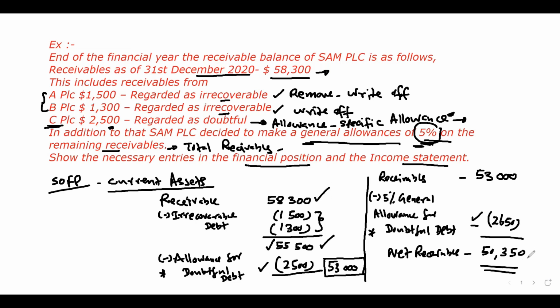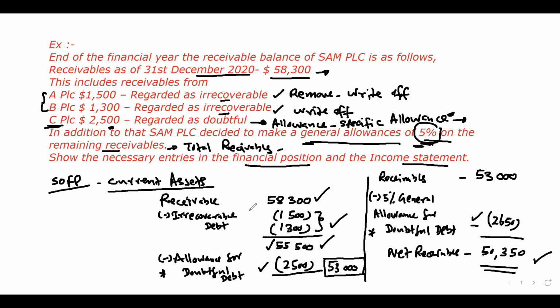However, after all these irrecoverable debts and allowances for doubtful debts, our net receivable should be 50,350, which means a certain amount we have written off, and a certain amount we made an allowance for doubtful debts.